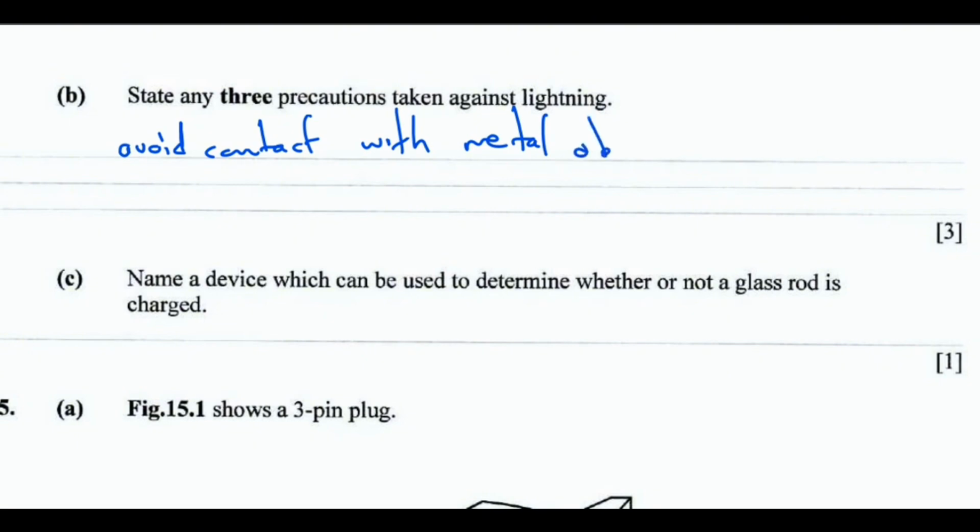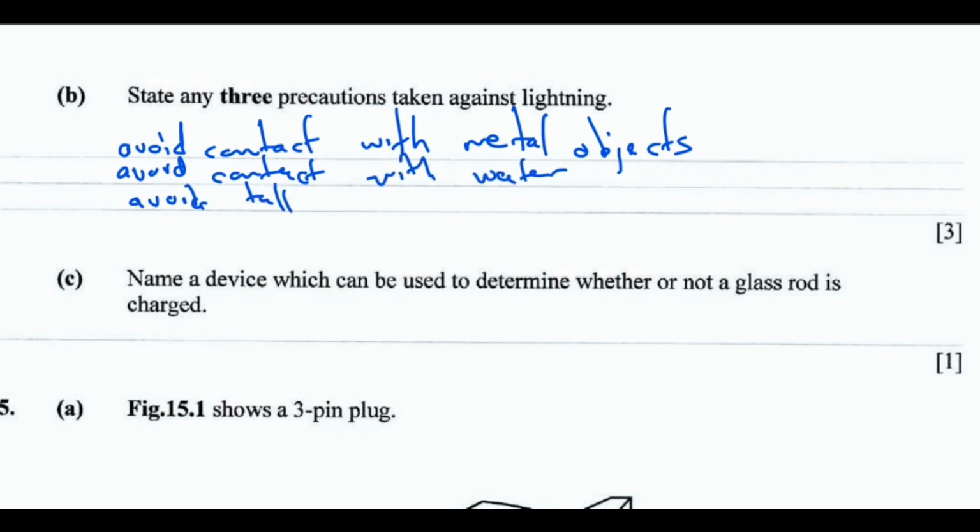The second one is avoid contact with water. All right, the next one is you should avoid being under tall objects, e.g. trees, right?